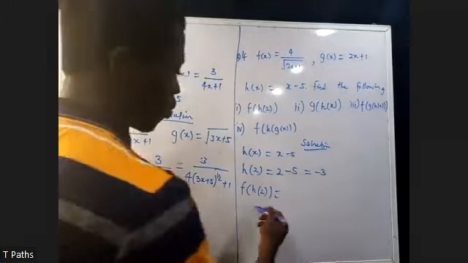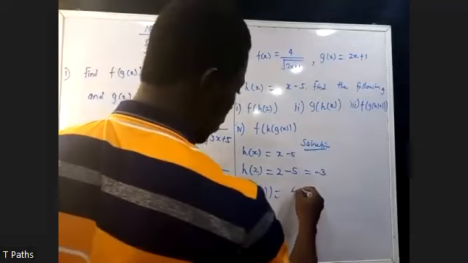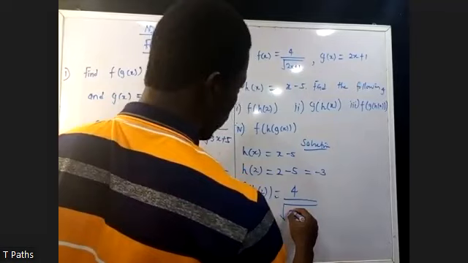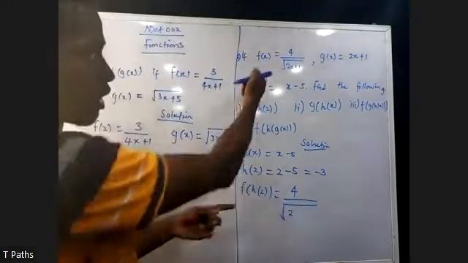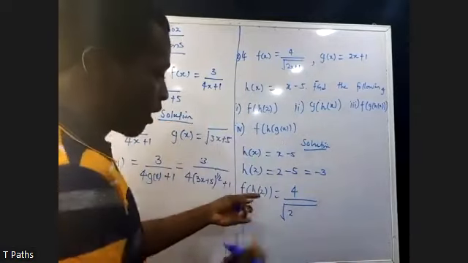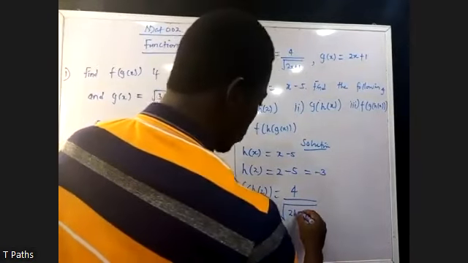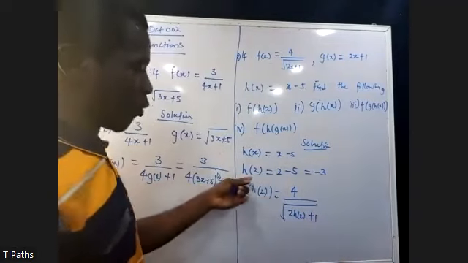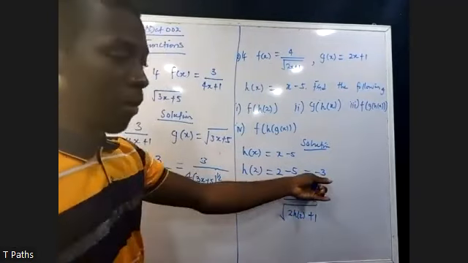So what do I mean by that? I'm going to write 4 over square root of 2. Remember, it was x given to us from the definition of the function. Here it is h of 2. I'm going to put it there, plus 1. And don't forget, we've gotten our h of 2 here to be minus 3.